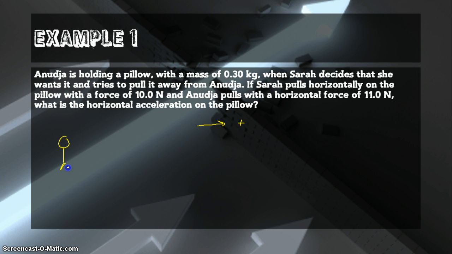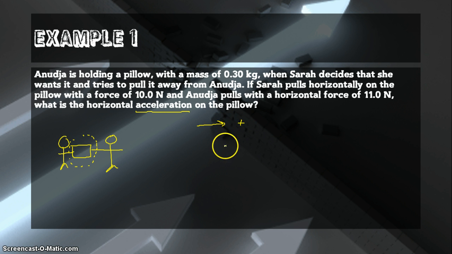We have two people pulling a pillow, and we're going to define that system as just the forces on the pillow, since we're trying to find the acceleration of the pillow. So we'll call the direction to the right positive.